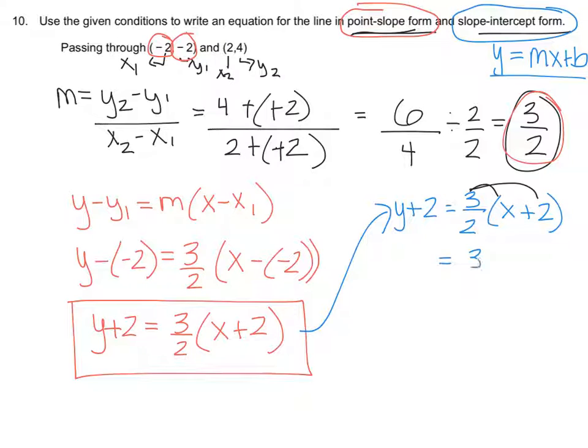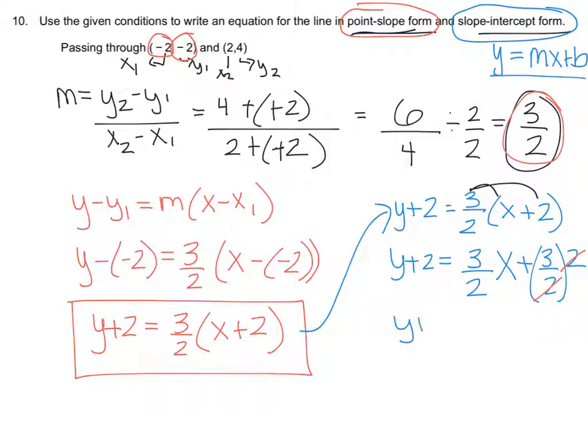So we get 3/2 x plus 3/2 times 2. Now 3/2 times 2 is the same as 3 because the 2 on top cancels with the 2 on the bottom.